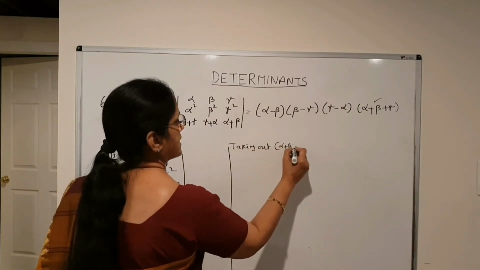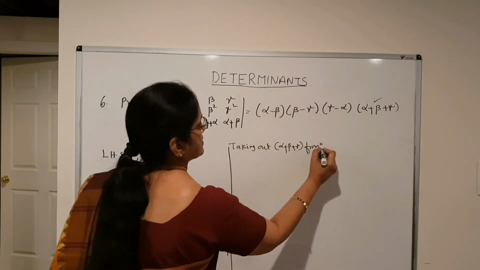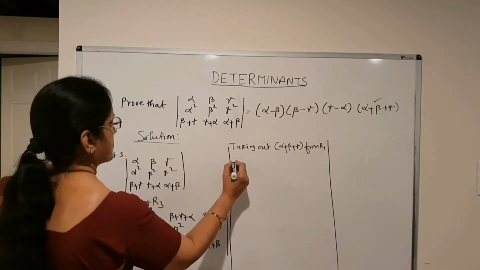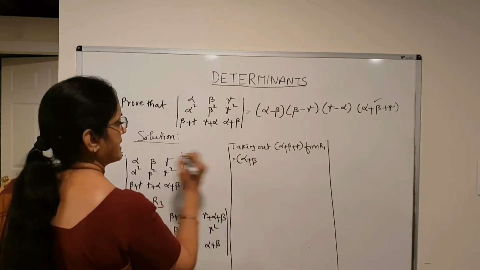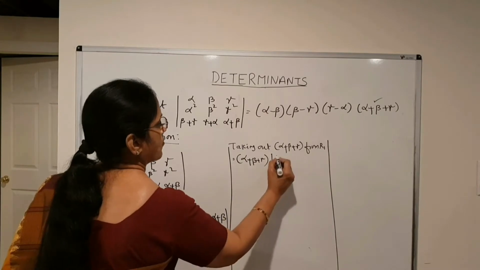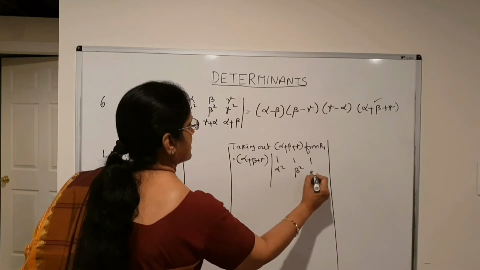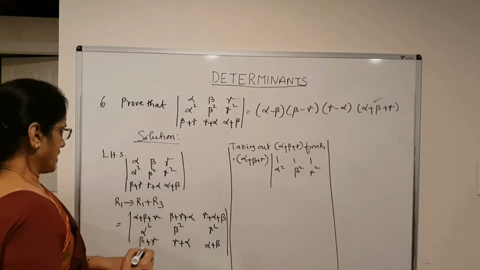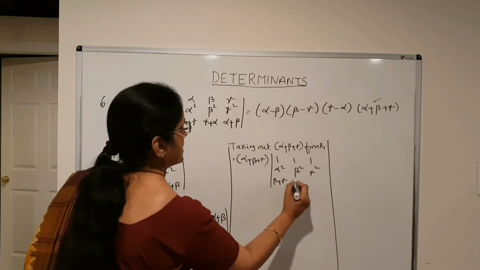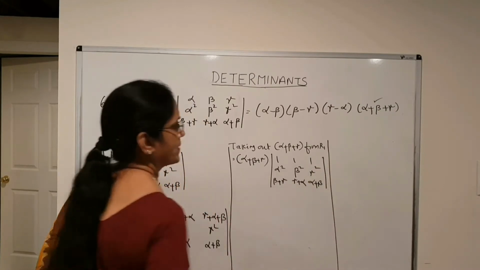That is, LHS is equal to alpha plus beta plus gamma into the determinant 1, 1, 1, alpha square, beta square, gamma square, then beta plus gamma, gamma plus alpha, alpha plus beta. This is what I get.